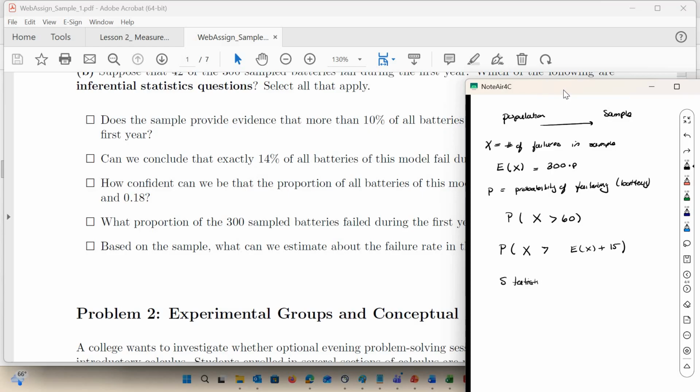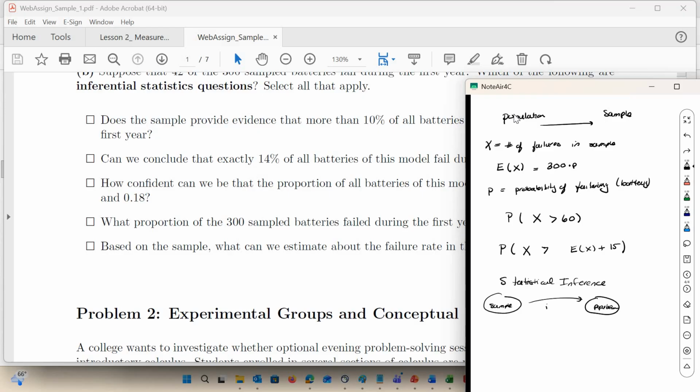Statistical inference, we take something, and this is usually how we do things. We have a sample, and we infer something about the population. So I'm going in that direction.